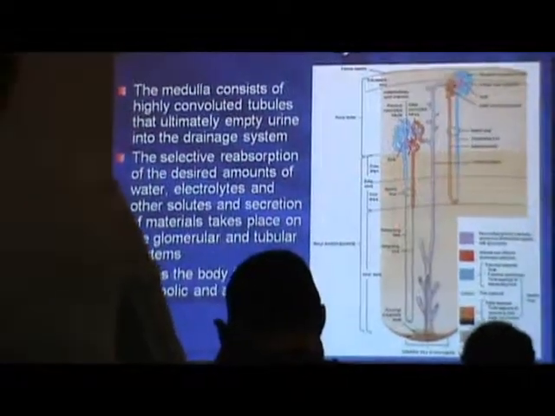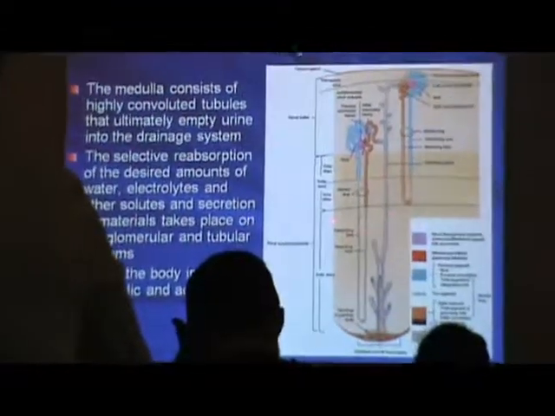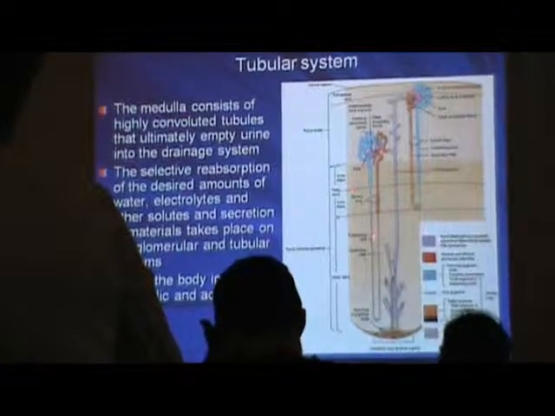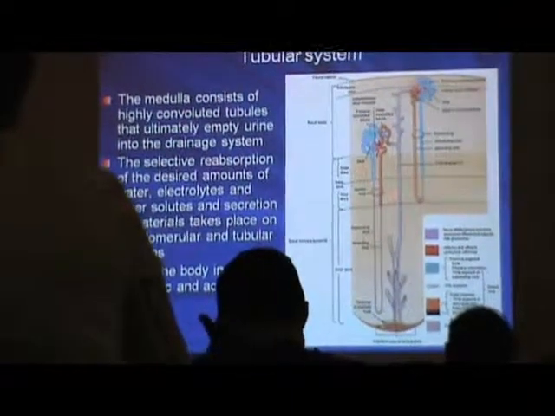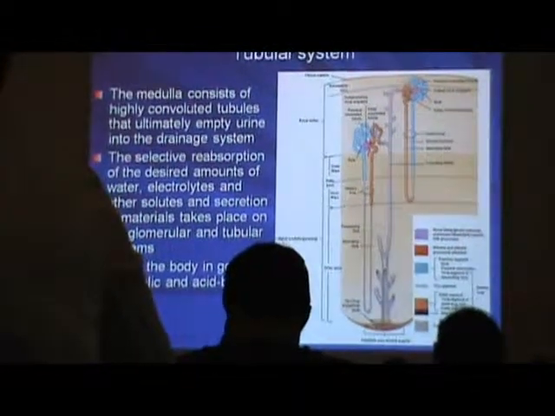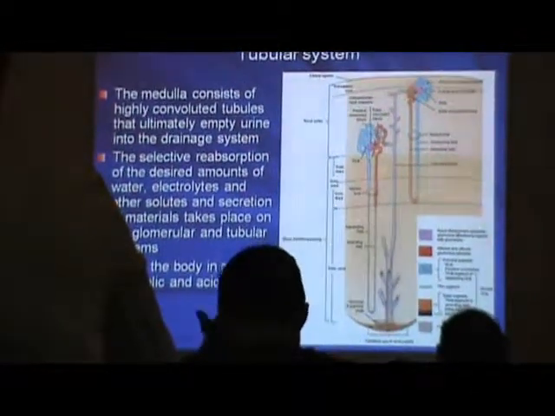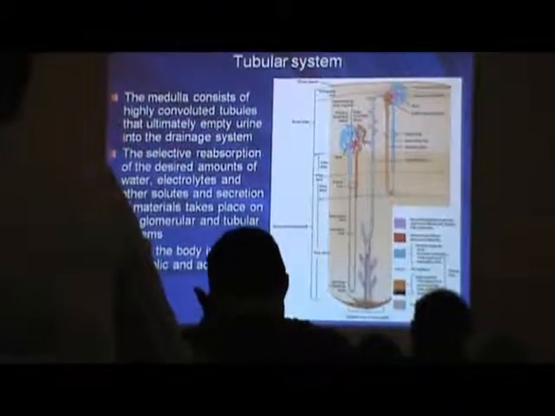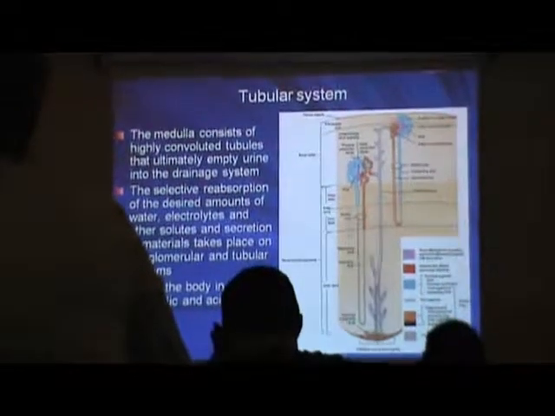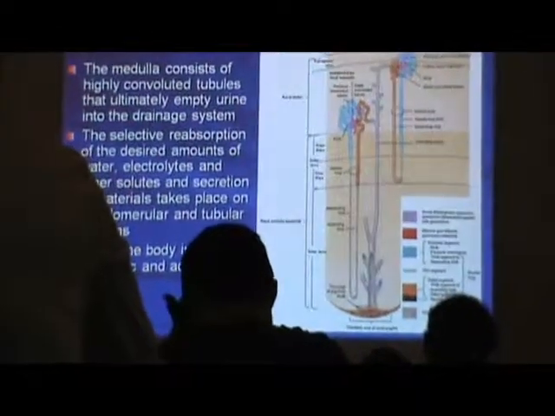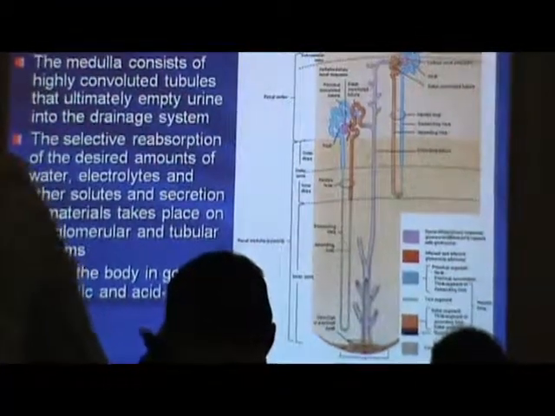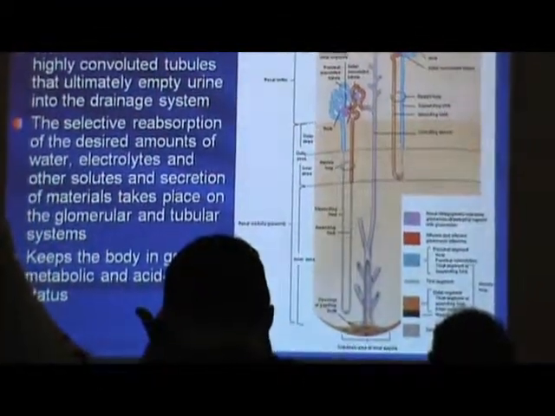Some electrolytes leave this tubular system, some enter, so it changes here. And there are the other solids and secretion of materials that take place in the glomerular and tubular system. So such a tubular system keeps the body in good metabolic and acid-base status.